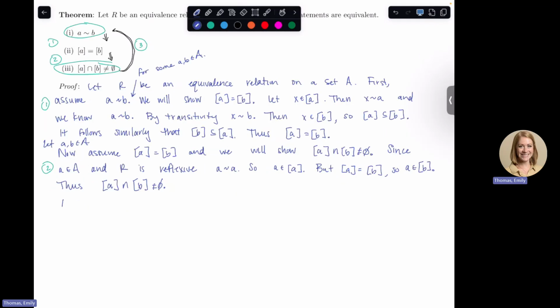All right, so now assume, for A and B in the set, that the equivalence class of A intersected with the equivalence class of B is not the empty set. So then there's something in it, right? So there exists an X in that intersection.